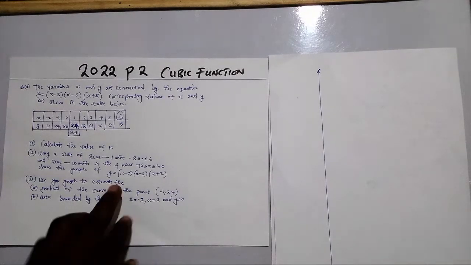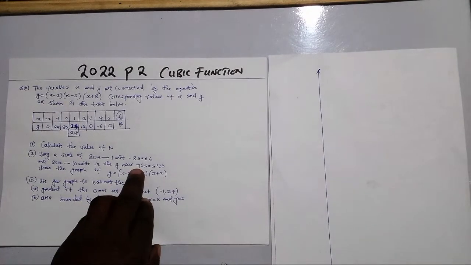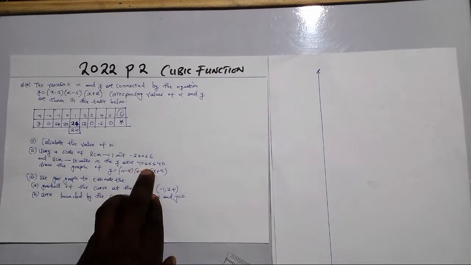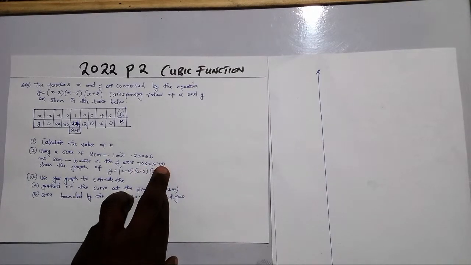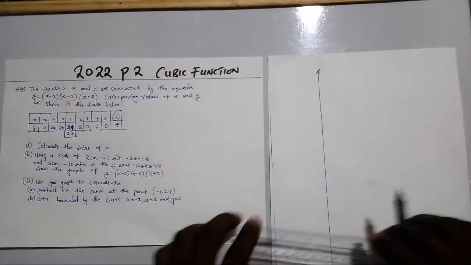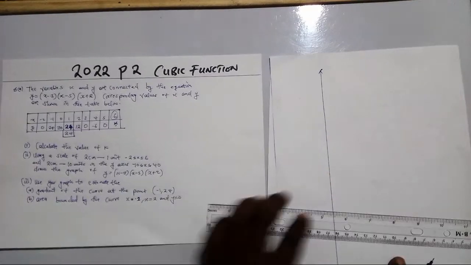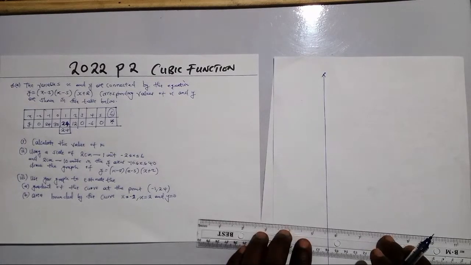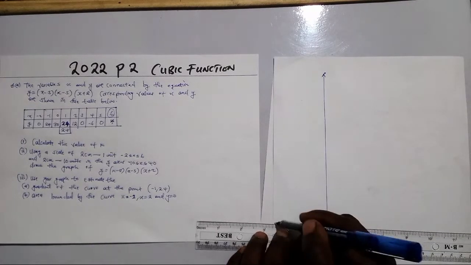Then for y, we are going to start from negative 10 up to 40.